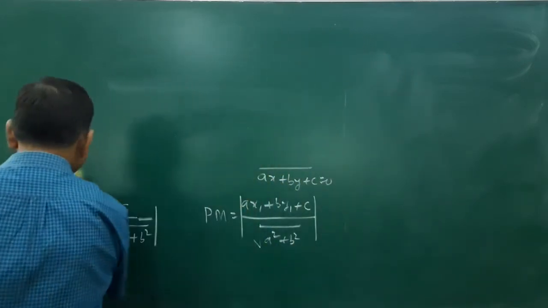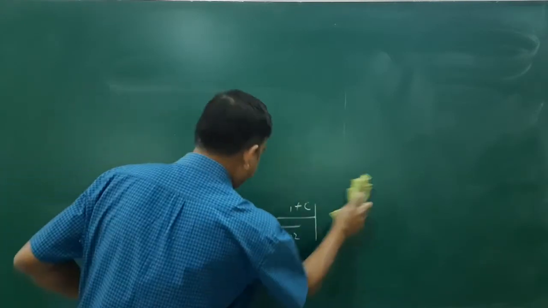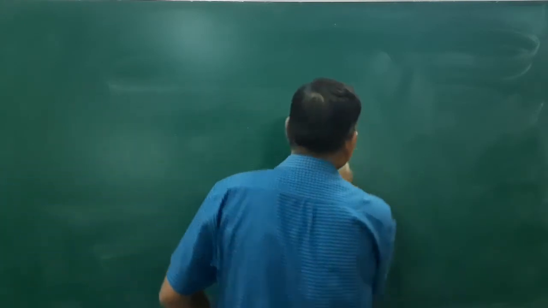Now we consider polar equation of the curve and length of perpendicular from the pole.